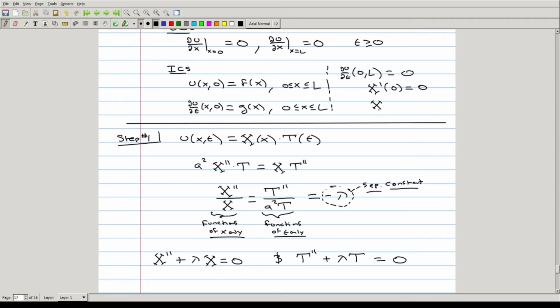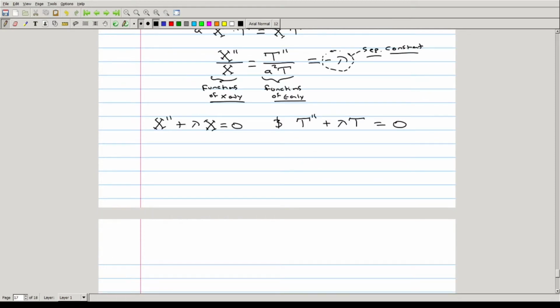And likewise, we get that X' at L should also be equal to 0 from this boundary condition right here. So we have that X' at 0 should be 0 is one of the boundary conditions on X, and that X' at L be equal to 0 is another boundary condition on X. And so we have a suitable Sturm-Liouville problem that we can go through and analyze for the solution of X.